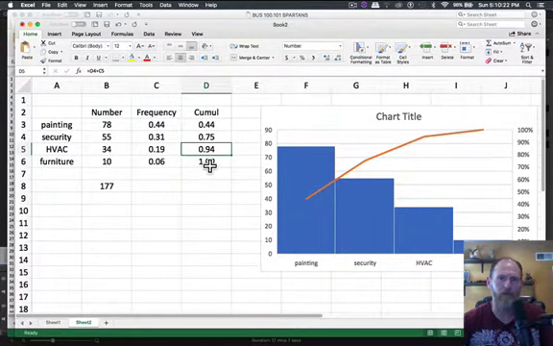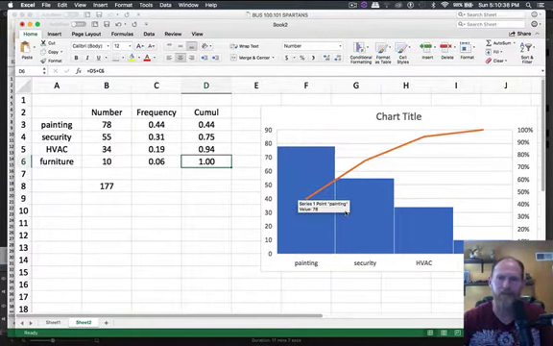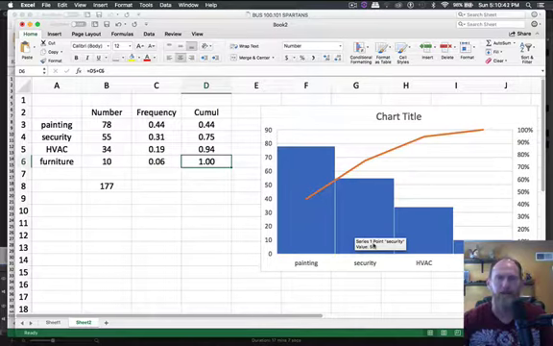In a cumulative column, our bottom cell should always be 100%. We've accounted for everything. Okay, that's not the Pareto chart. I just put that in there to make my data up here match this down here for the purpose of this video and explaining it with clarity.